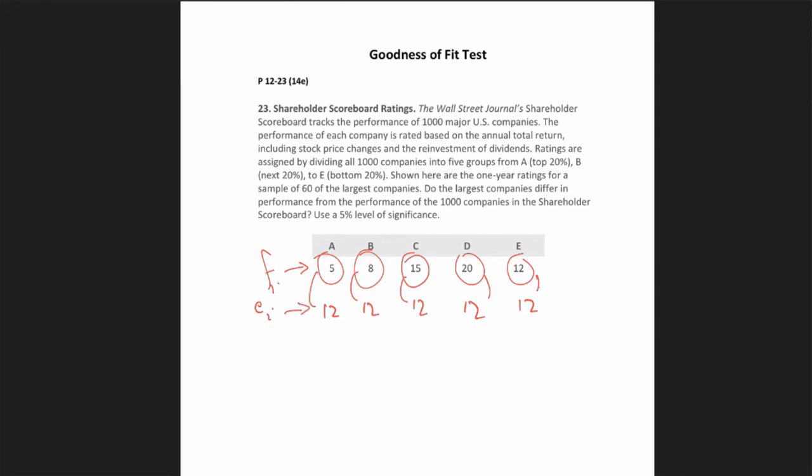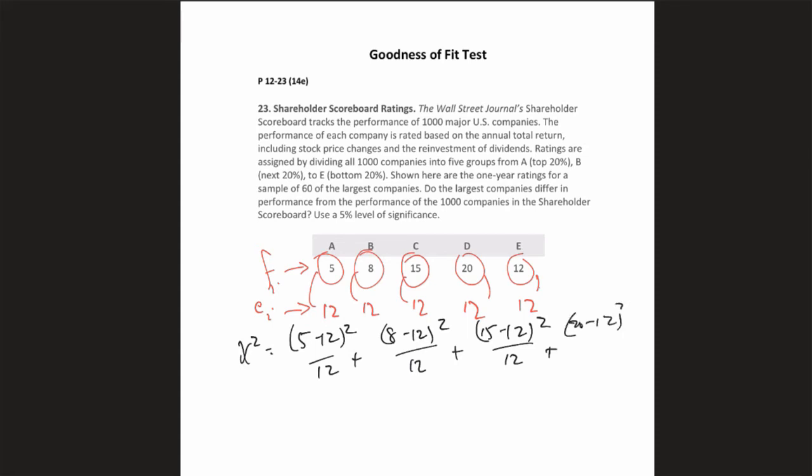So in essence, all we need to do to get chi-squared is 5 minus 12 squared over 12, plus 8 minus 12 squared over 12, plus 15 minus 12 squared over 12, plus 20 minus 12 squared over 12, plus 12 minus 12 squared over 12, which is 0.